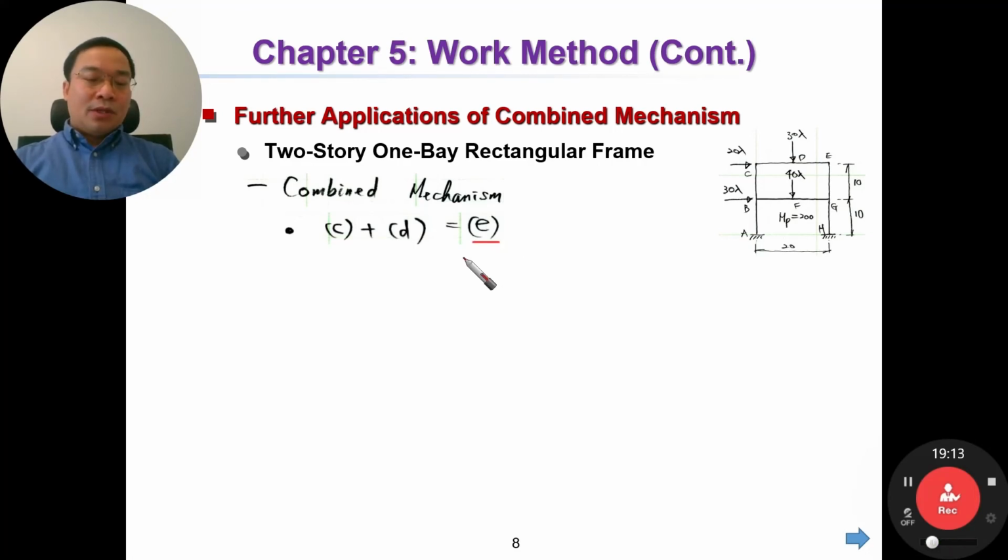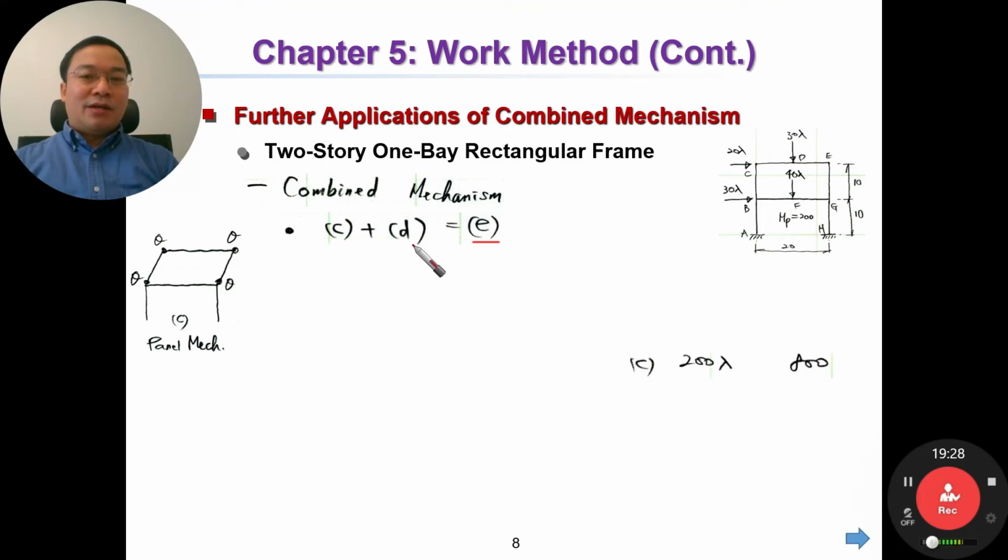Okay, what is mechanism C? C is panel mechanism number 1. What is mechanism D? D is panel mechanism number 2. Okay, so with C mechanism we already have external work and internal work.